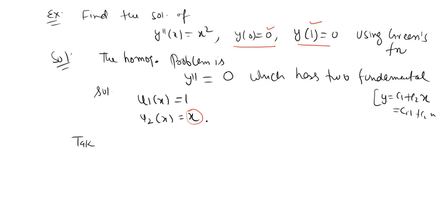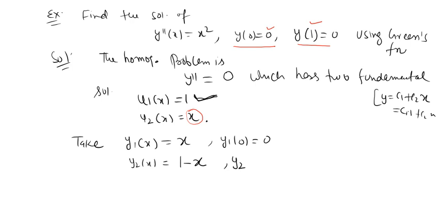So you can take, the second one is okay, so I am writing x in the first place, y1 of x equal to x, so it becomes 0 on the left boundary. But what about 1? I want to make this 0, so I can take y2 equal to a linear combination of these two, so I can write 1 minus x, and if I put x equal to 1, I get 0.